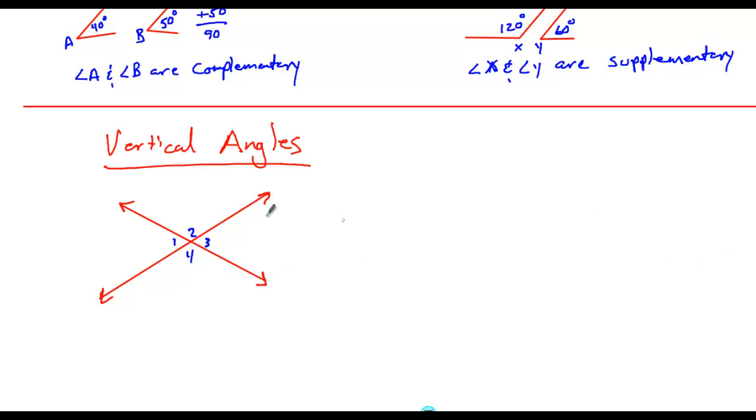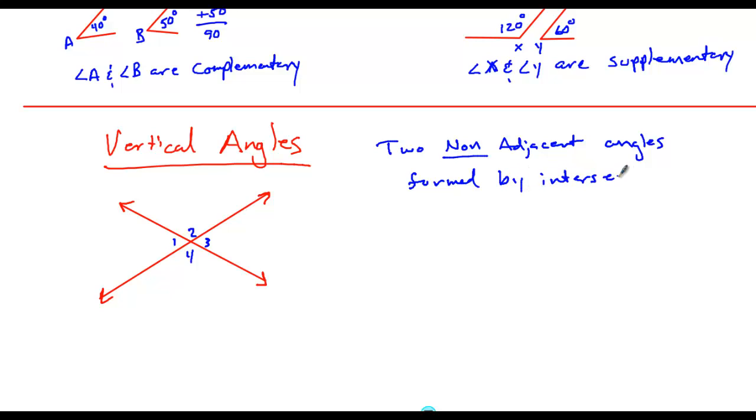Okay, now earlier we had a picture that looked like this when we were talking about a linear pair, like angle 1 and angle 2 form a linear pair. That's true, they do. But now we're talking about vertical angles. And vertical angles are 2 non-adjacent, that's the most important thing to remember, 2 non-adjacent angles formed by intersecting lines.